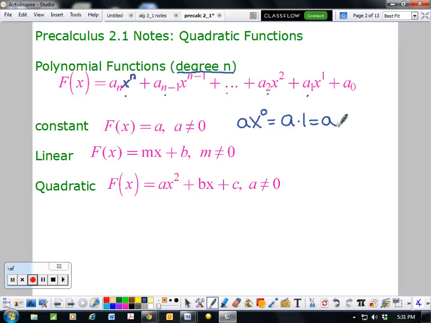Then we have our linear function, which has a degree of 1 because that is really x to the first power. And then we have our quadratic function, which has a degree of 2 because that is x squared. We're going to talk about how to graph these quadratics, and how to write these in specific forms to help us find maxes and mins and all sorts of stuff like that.